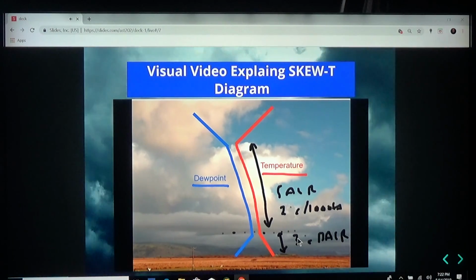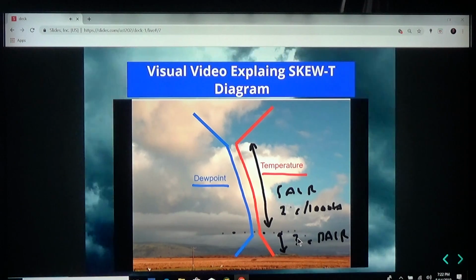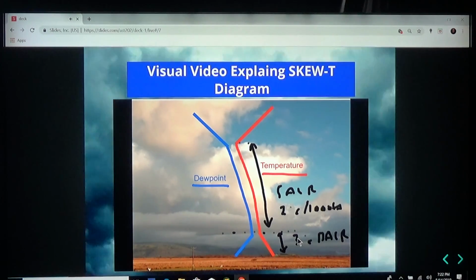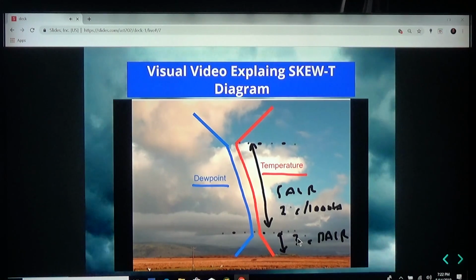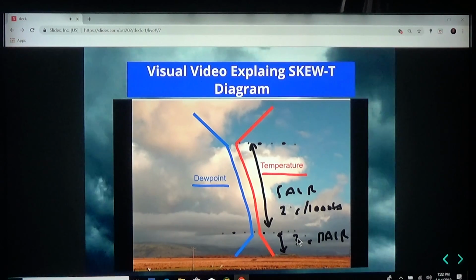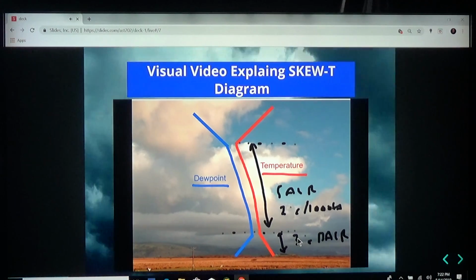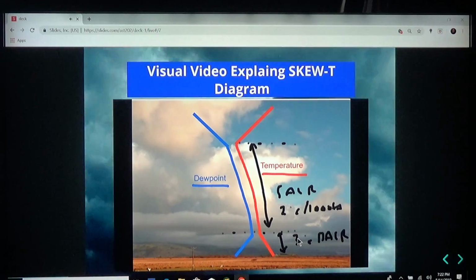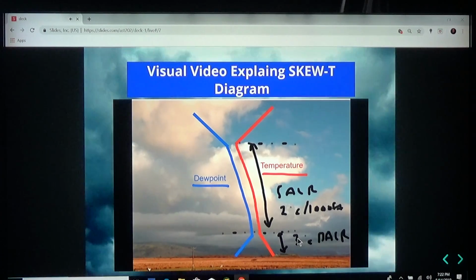Then it reaches the point at the top of the cloud where all of the moisture has gone and the air then cools off again at the dry adiabatic lapse rate. So you see there how we get that whole depth of cloud within one single photograph. And that shape is easily visible on Skew-T diagrams.